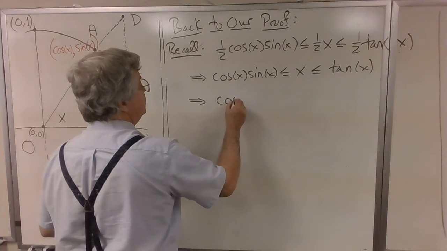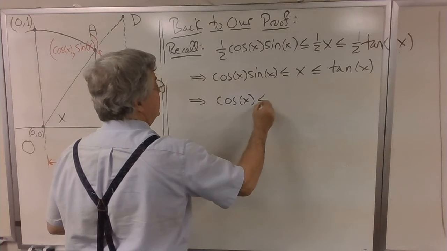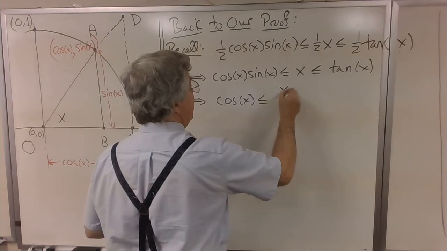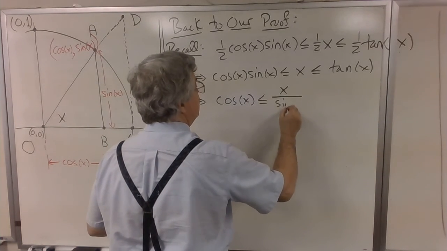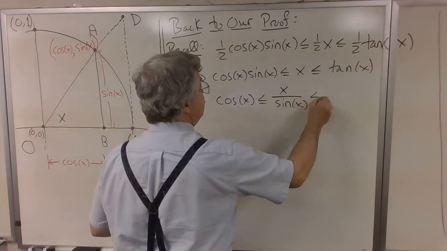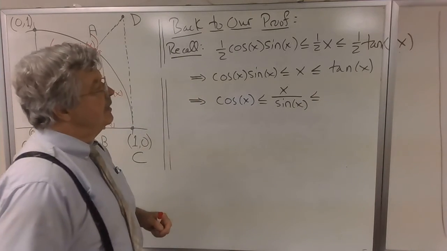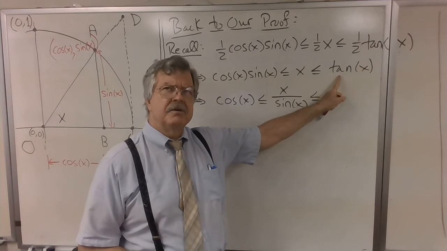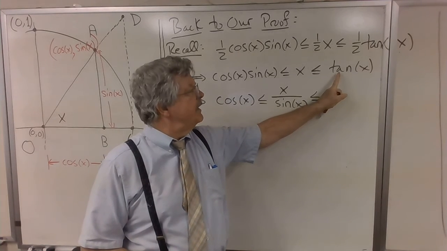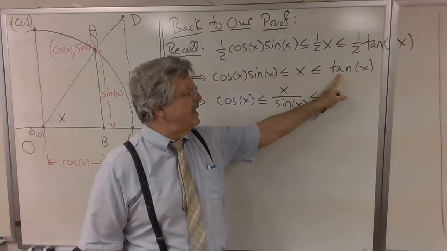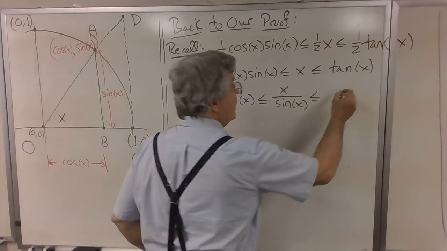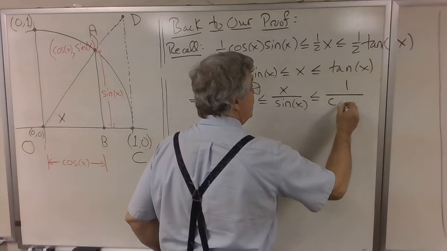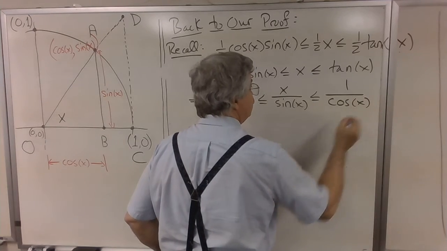So I'll have cosine of x less than or equal to x over sine of x. And let's see, tangent x is sine x over cosine of x. So if I divide this by sine of x, I'll just have 1 over cosine of x.